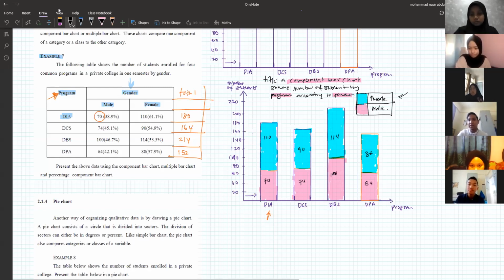So you may take a while to copy and try to develop a component bar chart.